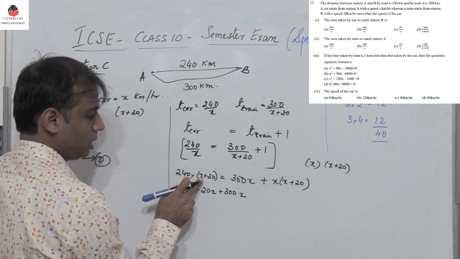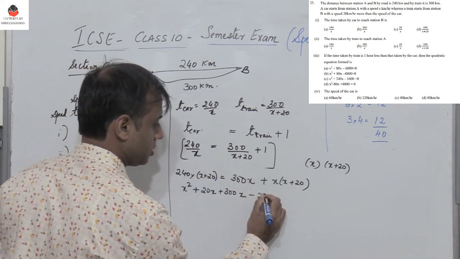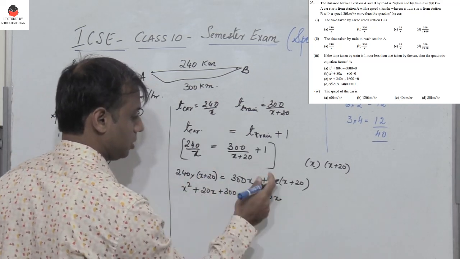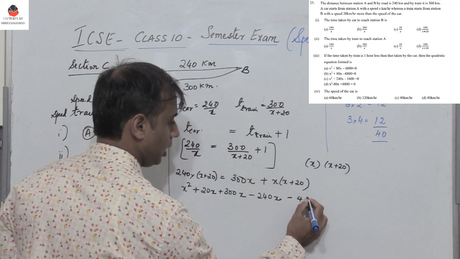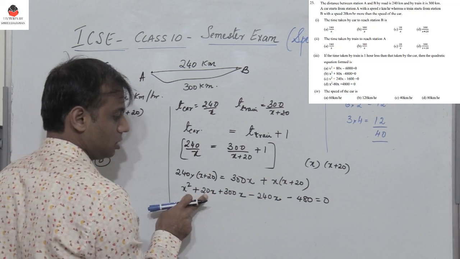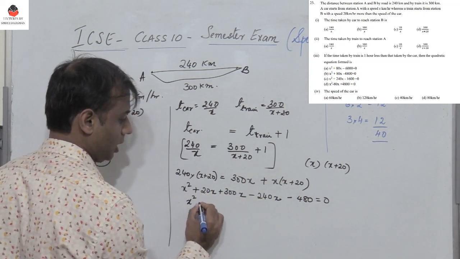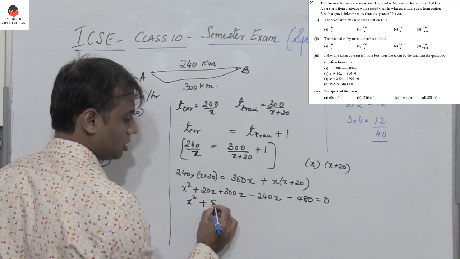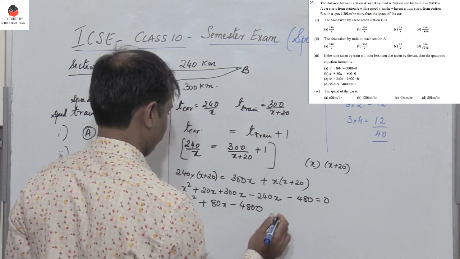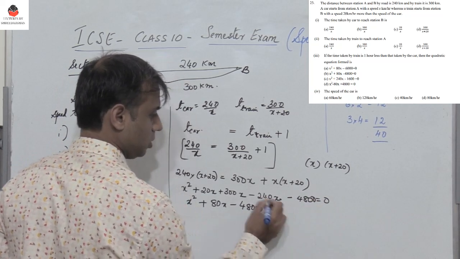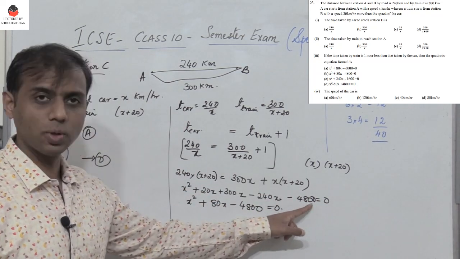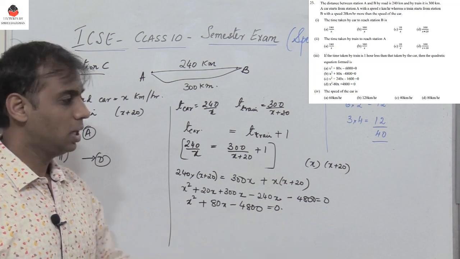So here 240 into x, I take it to the other side, it becomes minus 240x. 240 into 20, I take it to the other side, it becomes minus 4800 equals 0. So you get x square plus 320 minus 240 is 80x minus 4800 equals 0. Right? So 240 into 20 is 4800. So I had missed one 0 here.